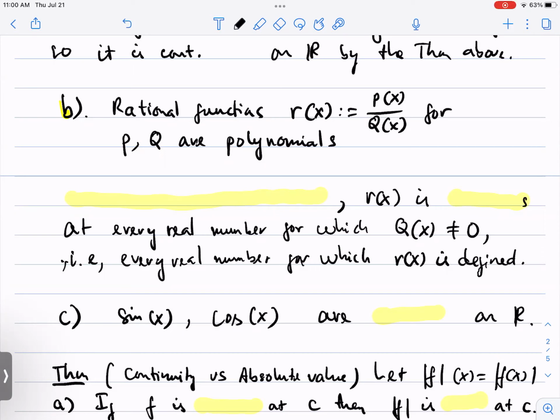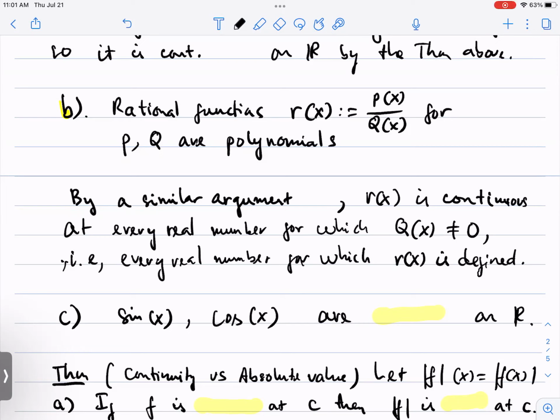By an argument similar to above, we can show that f of x here is continuous at every real number for which q is different from 0.